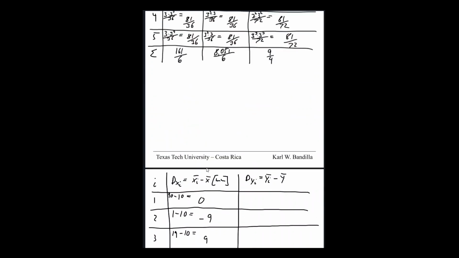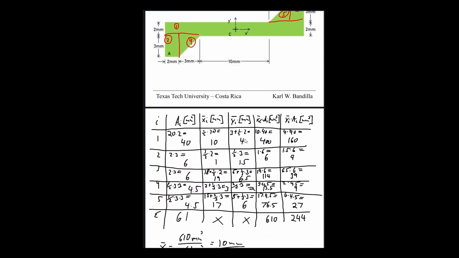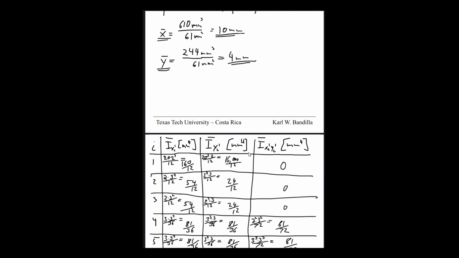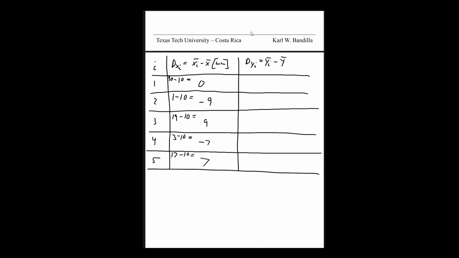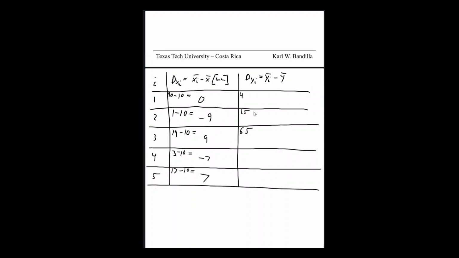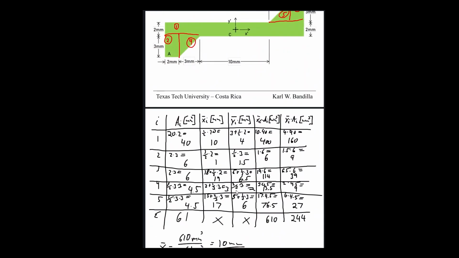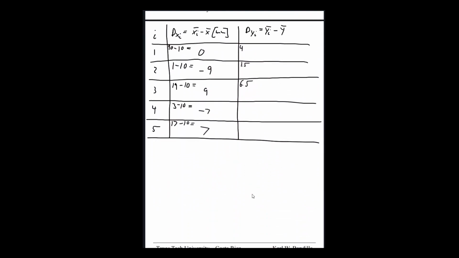All right, that's good. Then here we have 4, 1.5, and 6.5, and then 2 and 6.